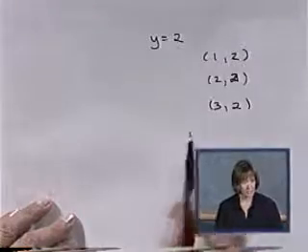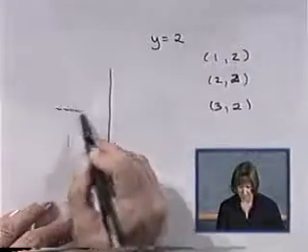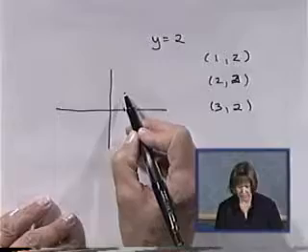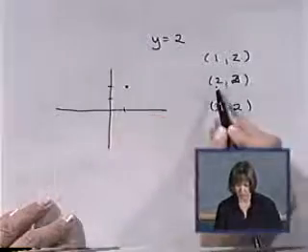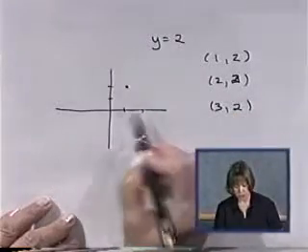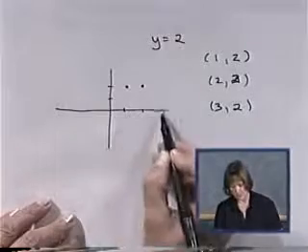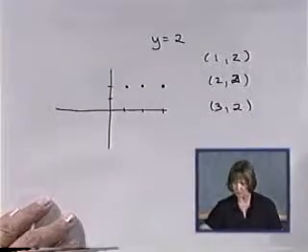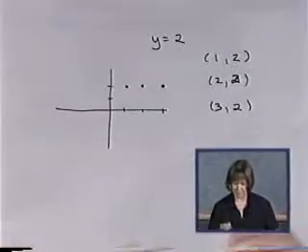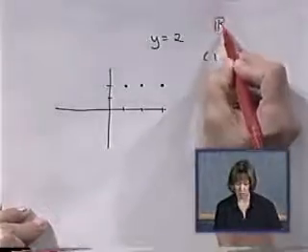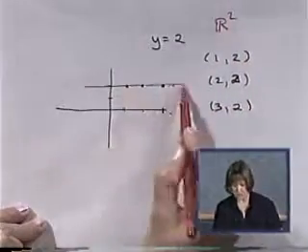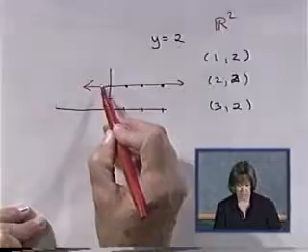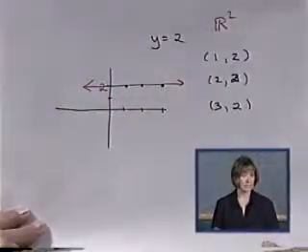Do you remember doing that back in your Algebra Trig 1 days? So my x could be 1, and my y would be 2. My x could be 2, and my y would be 2. My x could be 3, and my y would be 2. And so we're looking at, back in R2, y equals 2 just being the horizontal line that crossed the y-axis at 2.